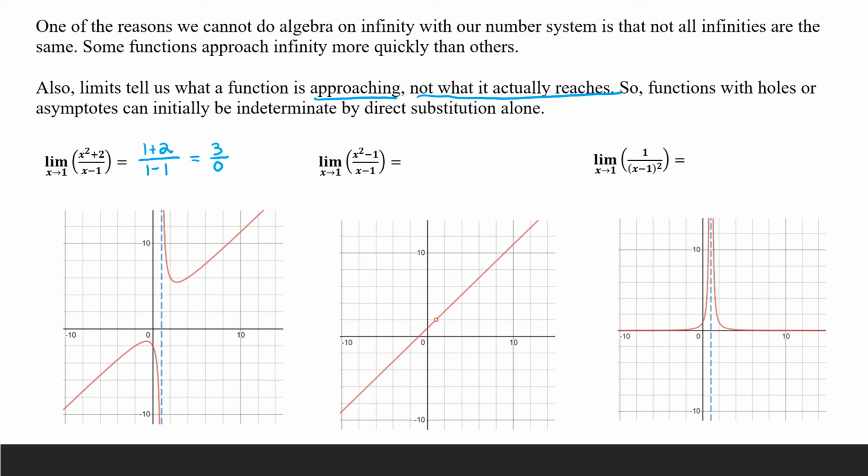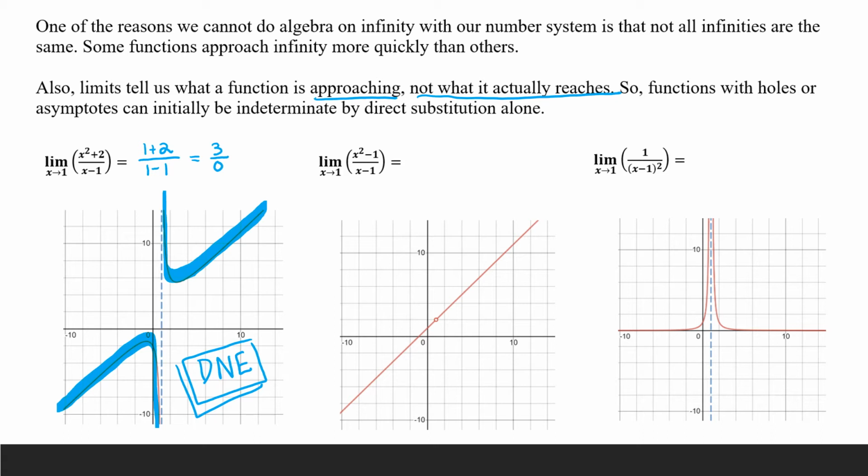So sometimes we have to look at a picture of a graph. If we look at this graph, we can see as we're approaching 1 from the right, the limit goes to positive infinity, and as we approach from the left, the limit goes to negative infinity. Since these are not equal, our overall limit does not exist.